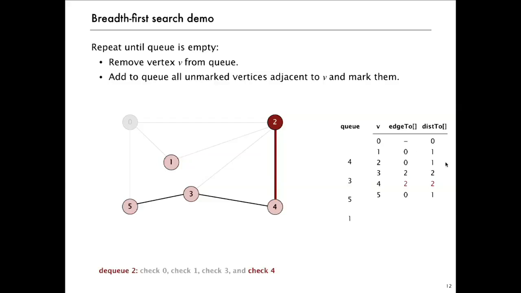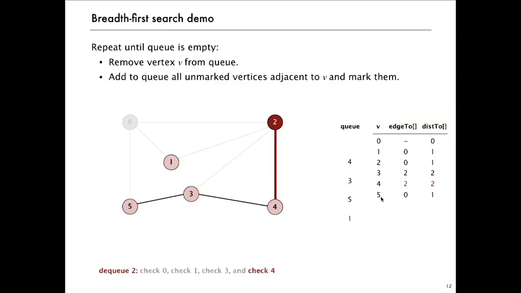By the way, I didn't mention, but we're also keeping track of two auxiliary data structures for this. One is the edge-to array, which is the same as before. What edge did we use to get to this vertex? So 4, we got to 4 from 2, and 2, we got to 2 from 0.